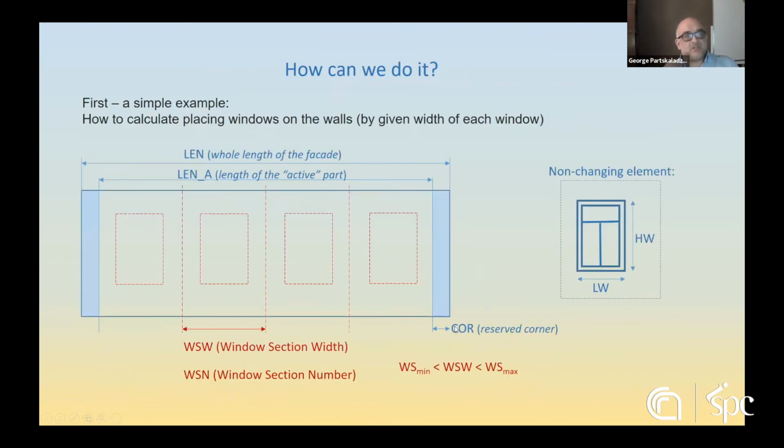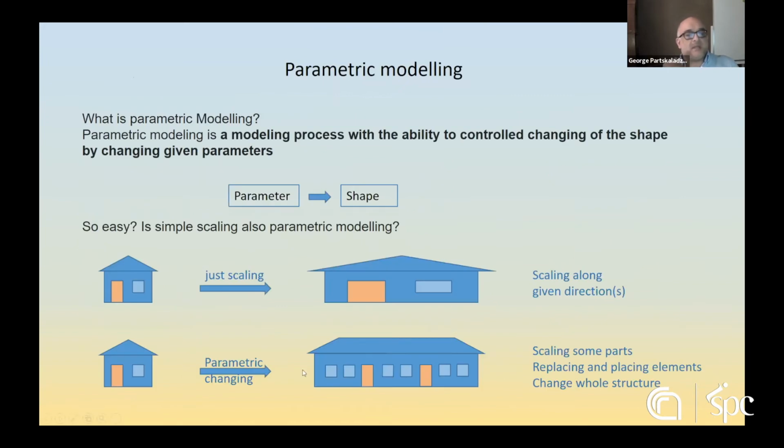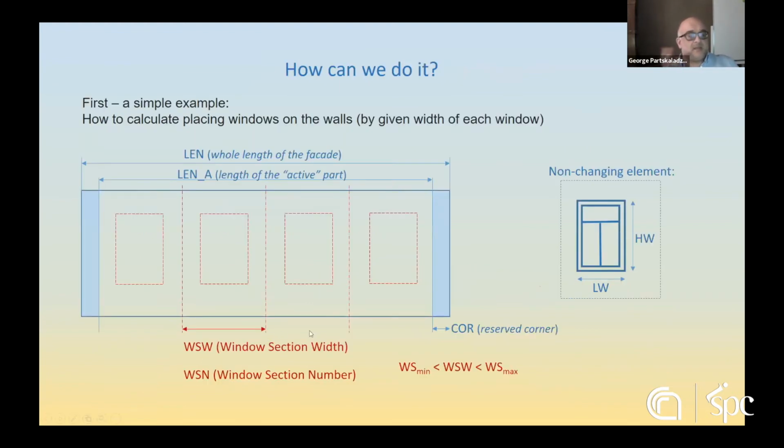And here is the question of how we can, for example, calculate the number of windows depending on the length of the facade. But I repeat, it will be actually for some given type or period of buildings. Of course, you are always inside one type at one time. So here are some equations for how you can work with given parameters of windows.